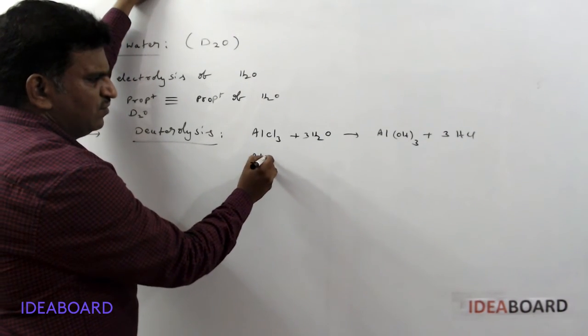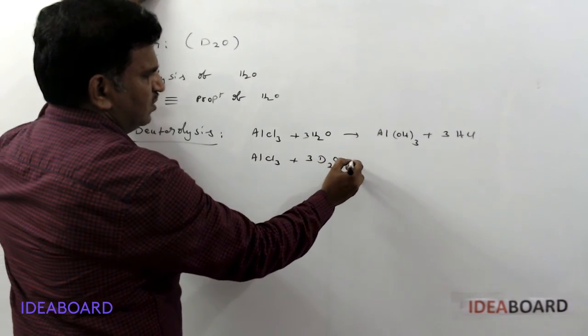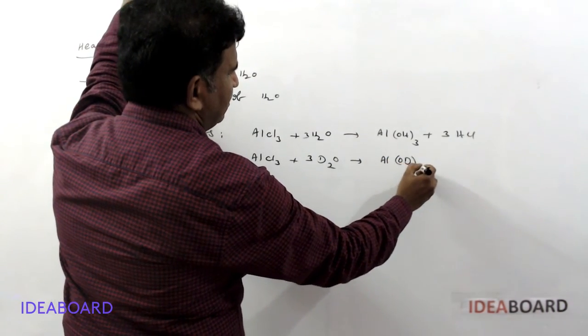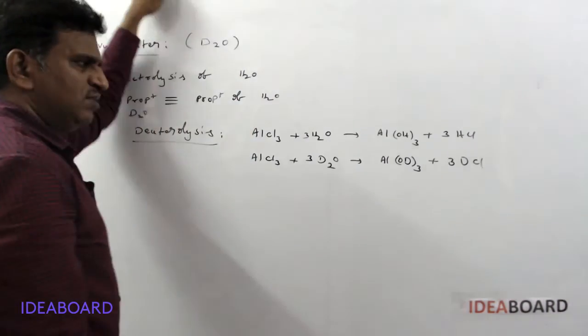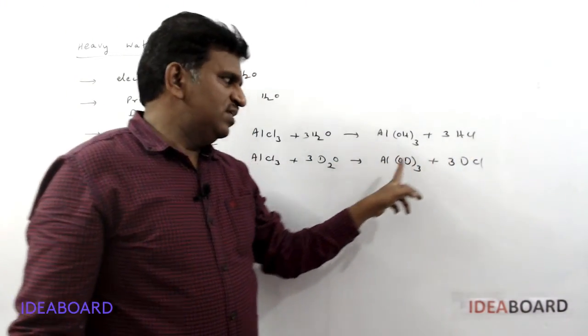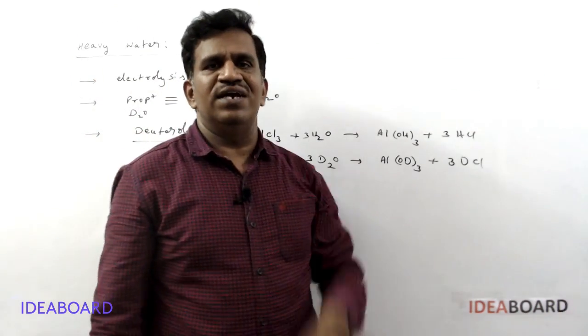Similarly, if heavy water is reacting, 3D2O, then it is forming Al(OD)3 plus 3DCl. Instead of aluminum hydroxide and hydrochloric acid, here this is aluminum deuteroxide and deuterochloric acid.